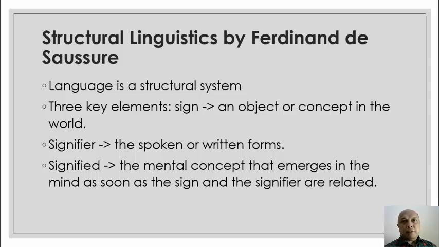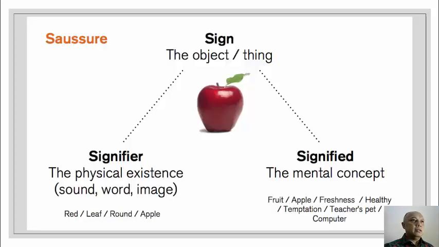And the signified is the mental concept that emerges in our mind as soon as the sign and the signifier are linked or related. So these three elements make up what is called the structure of language, according to structural linguistics by Ferdinand de Saussure. Okay. Now let me give you a visualization, which makes it easier for you to see the principle.